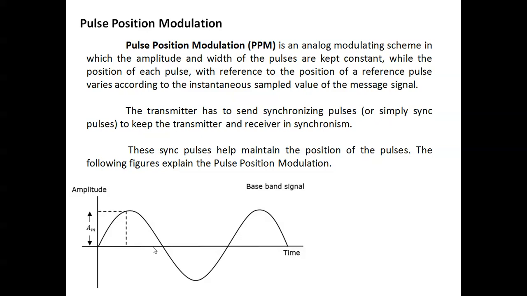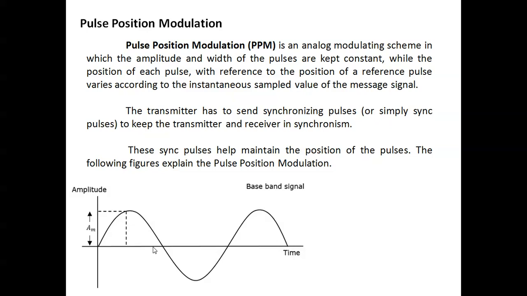Previously we saw pulse width, pulse time, and pulse duration modulation. These three names are for the same technique; only the name is different, the technique is the same. Now we are going to see what is pulse position modulation. The position of the pulse carrier varies in accordance with the instantaneous values of the message signal.